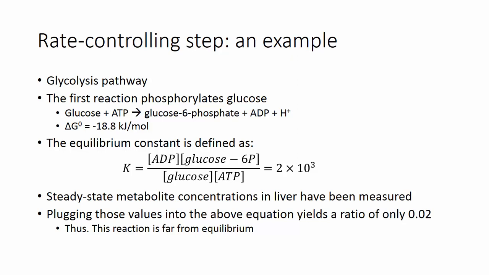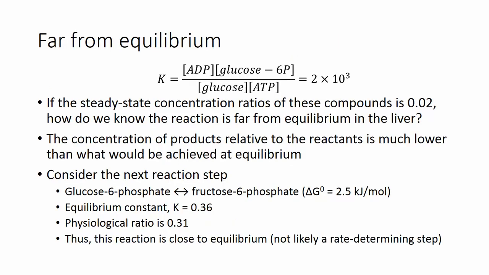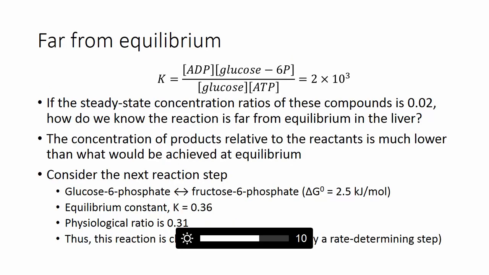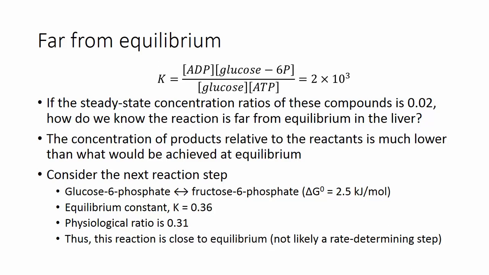It's quite a ways off. So if the steady state concentration ratio of these compounds is 0.02, how do we know the reaction is far from equilibrium in the liver? The concentration of products relative to reactants is much lower than what would be achieved at equilibrium. So that is one reason how we know.